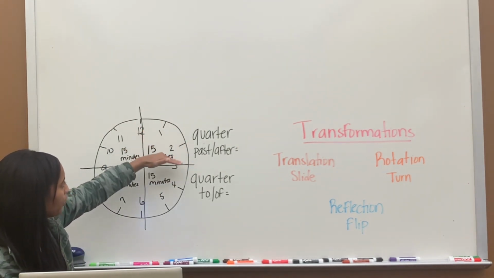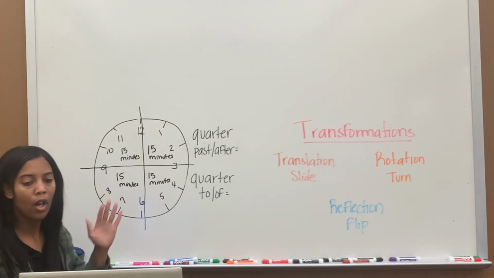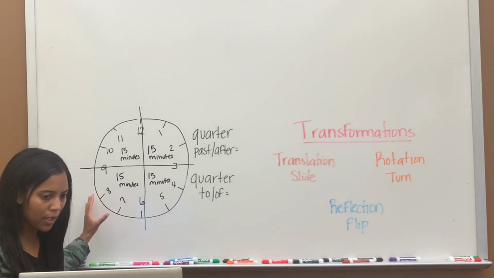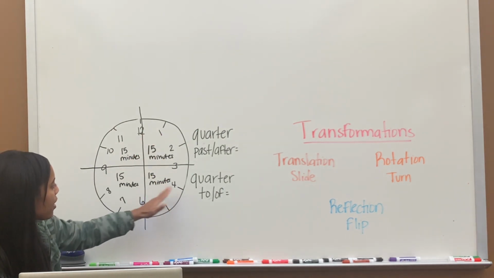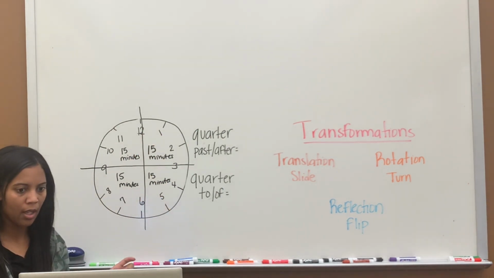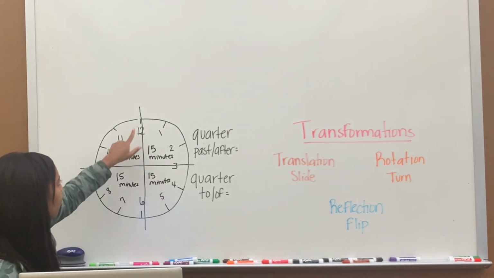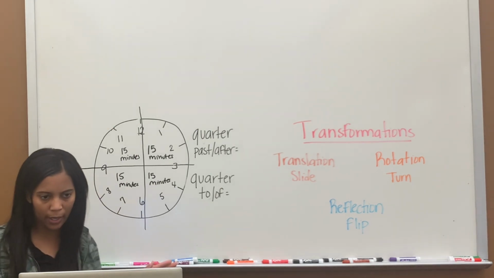When I do it 12, 1, 2, 3, 4, 5, 6, 7, 8, 9, 10, 11, all of those are 5 minutes. Does everyone see what I mean by that? I cut the clock into 4, and each piece is 15 minutes. Because remember, we count by 5s whenever we have the time. So there'll be 5, 10, 15, 5, 10, 15, and so on, okay?